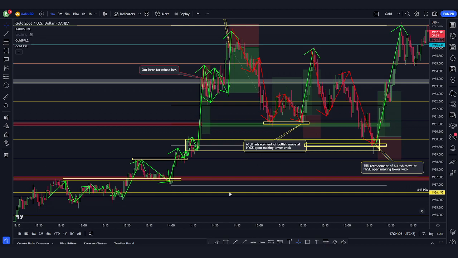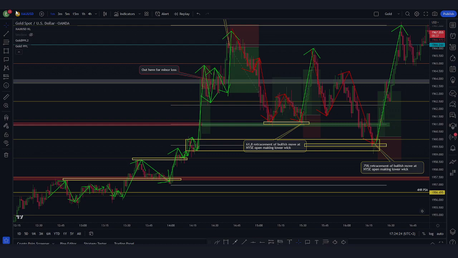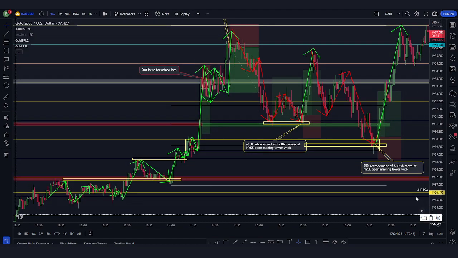So you have this overall bullish move, and the 75% retracement for the bullish continuation on the upside. That's very good. Let me just take a snapshot of this, and we can continue moving on.